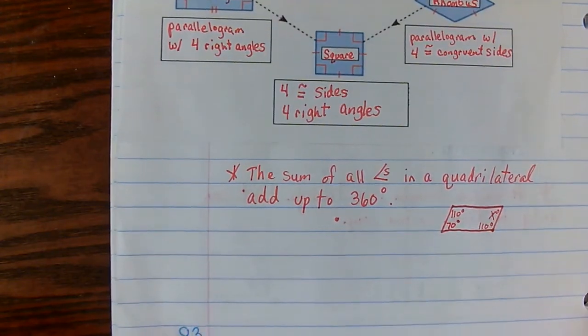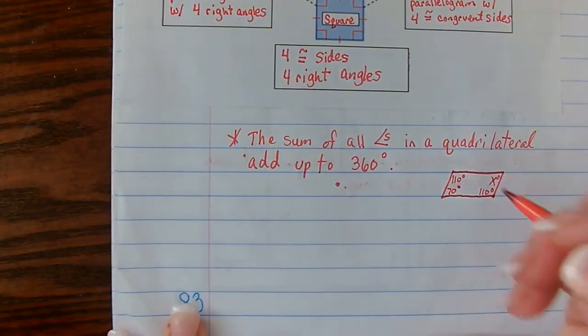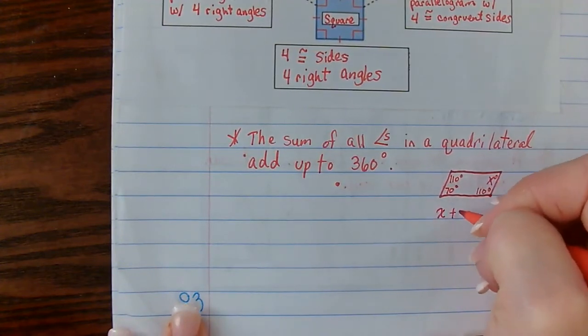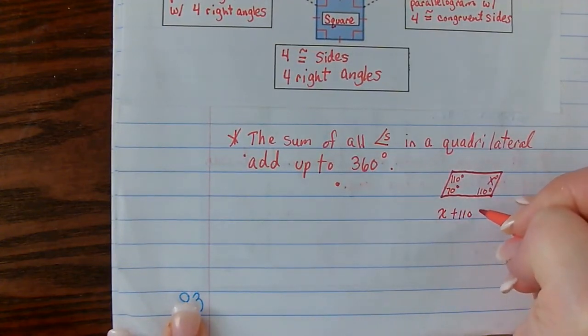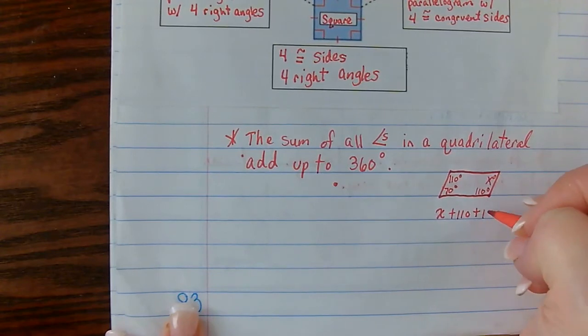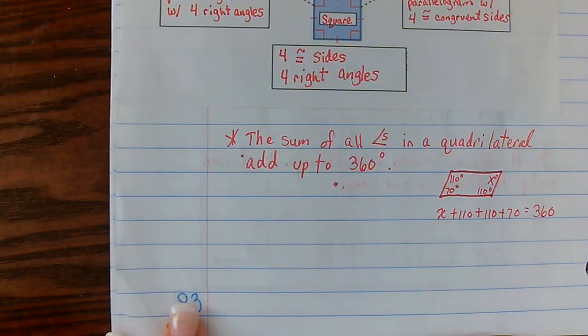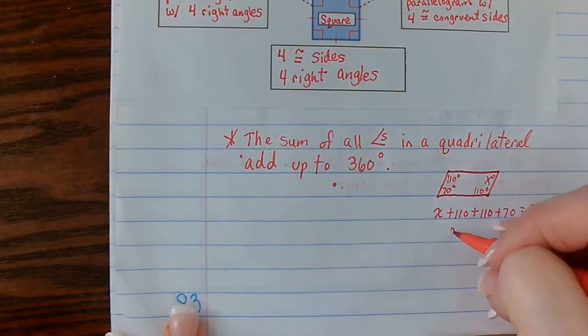So we would write an algebraic equation to solve this. We would say x plus 110 plus 110 plus 70 is equal to 360. So on this one, you don't do the degree symbols inside the algebraic equation. That's just for the final answer. So combine like terms. So I'll rewrite x.